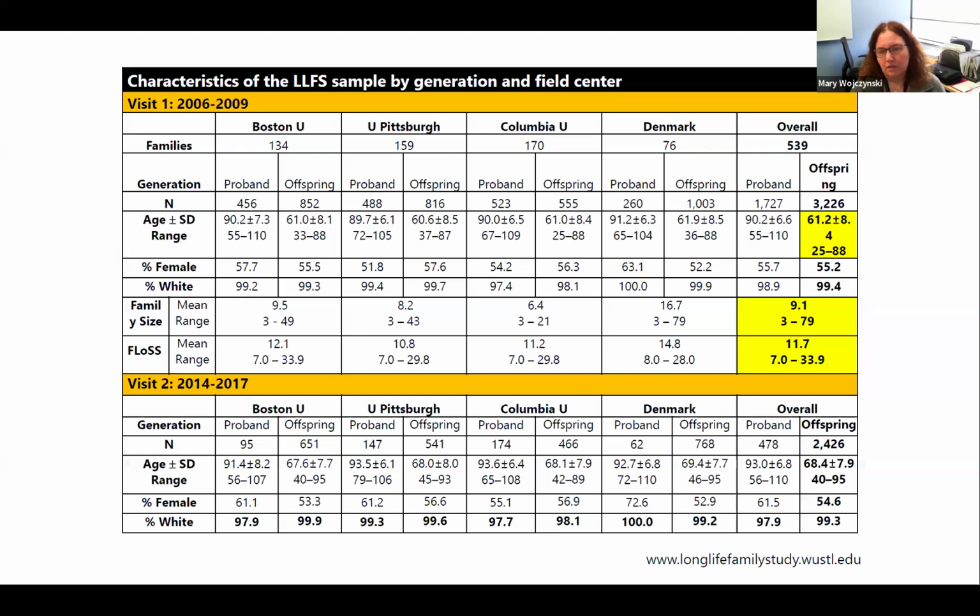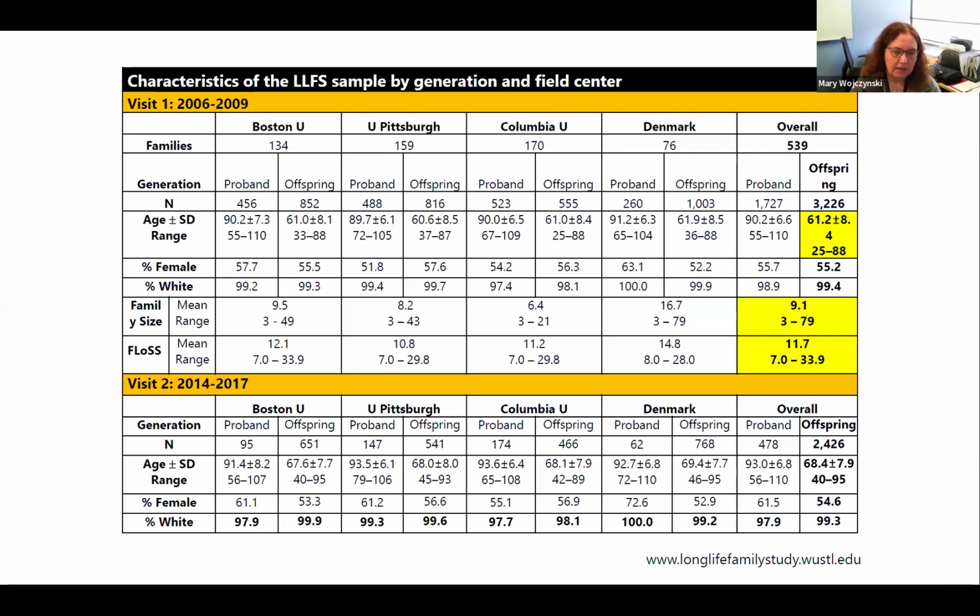In the offspring, we had 3,200, and their average age was around 60. The average family size was approximately 9, and this FLOSS score is how exceptional they are in terms of living to a healthy age in terms of the family.